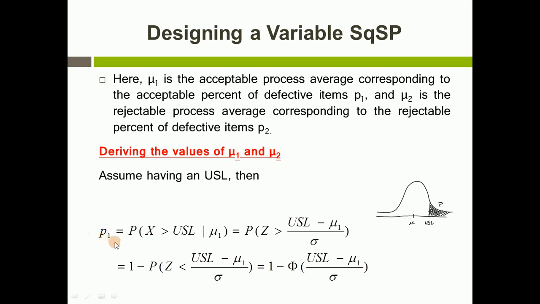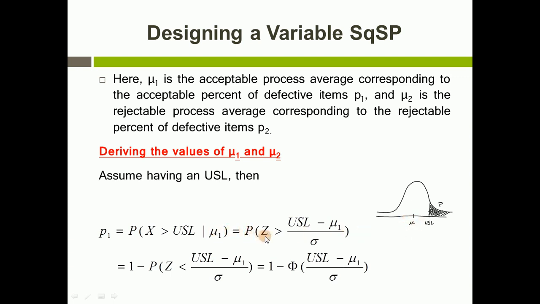Working on P1 means that it represents the percent that X exceeds the upper specification limit, given that the quality characteristic distribution is parameterized by mu1.